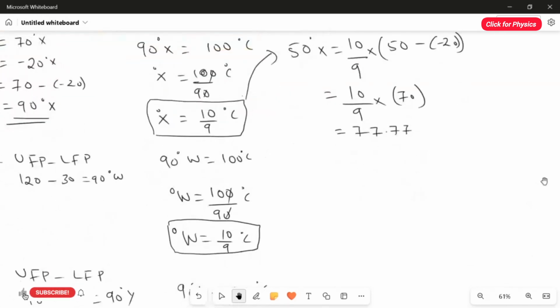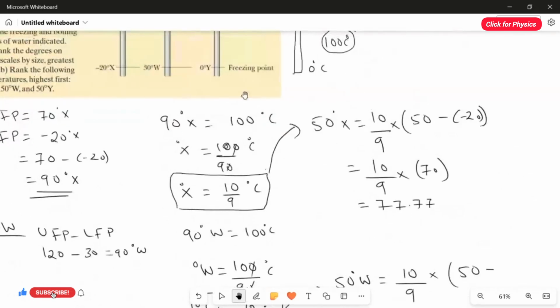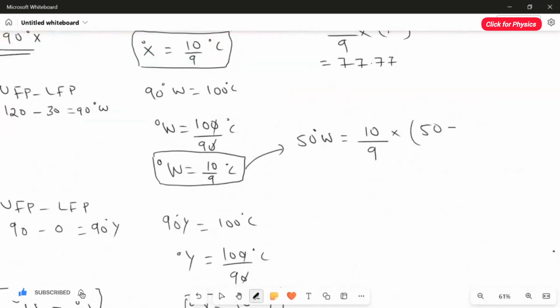Likewise, I do the same thing for the W scale. 50 degrees W is equal to 10 over 9 multiplied by 50 minus the lowest value in the W scale, which is 30. So 50 minus 30 is 20. 20 multiplied by 10 gives 200 over 9. I got 22.22.